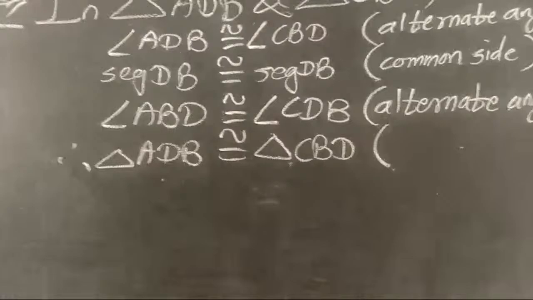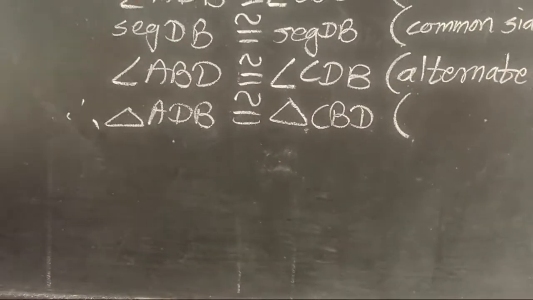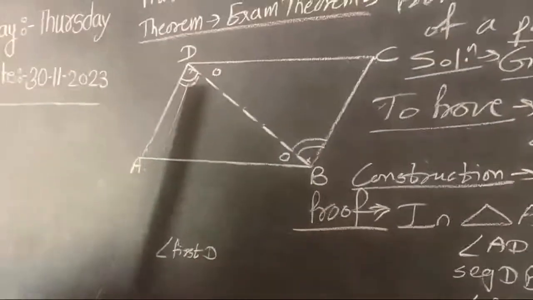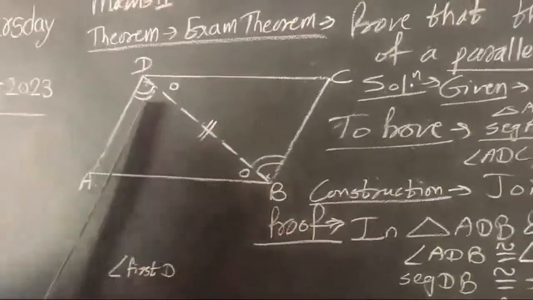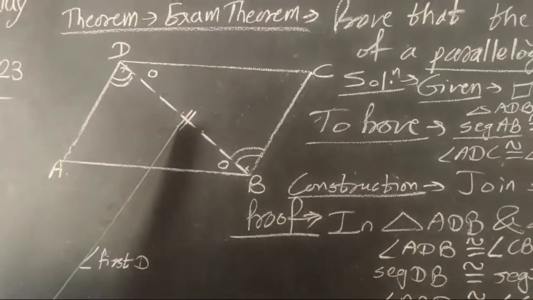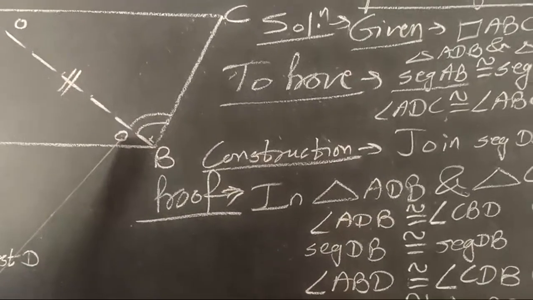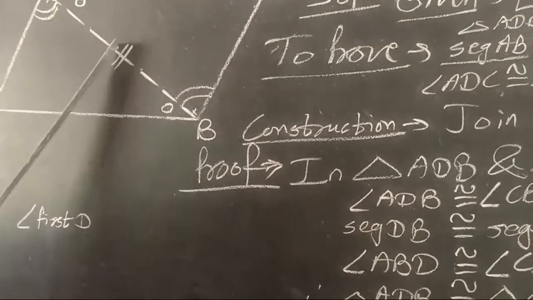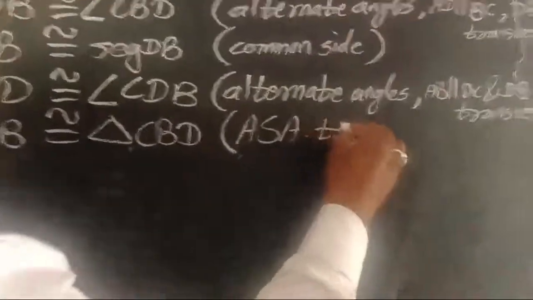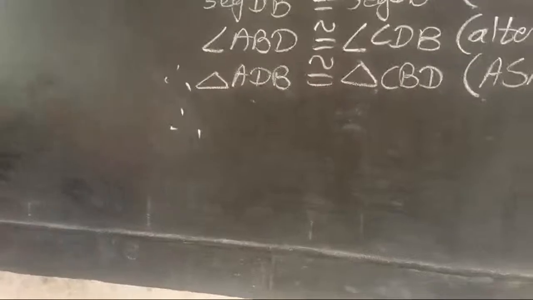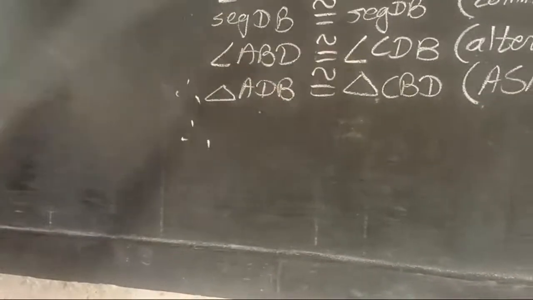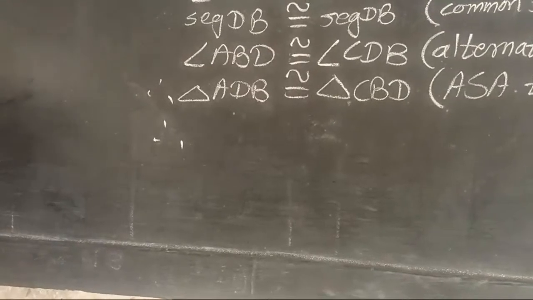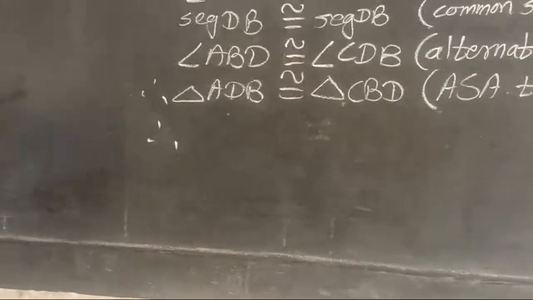And the reason is: this is angle A, side, angle A, that is the ASA test, and therefore if two triangles are congruent, think and write yourself.